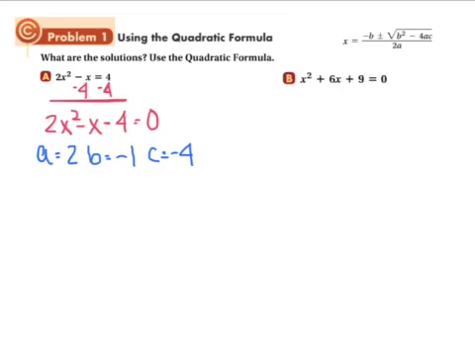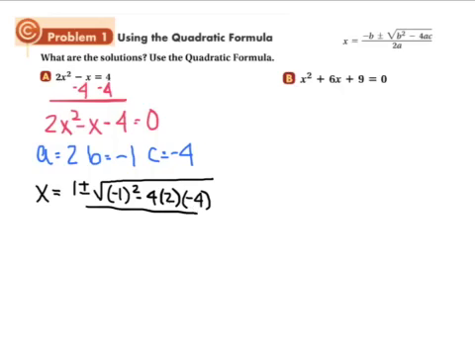Now you just want to plug these in. X equals the opposite of b plus or minus the square root b squared minus 4ac all over 2a.